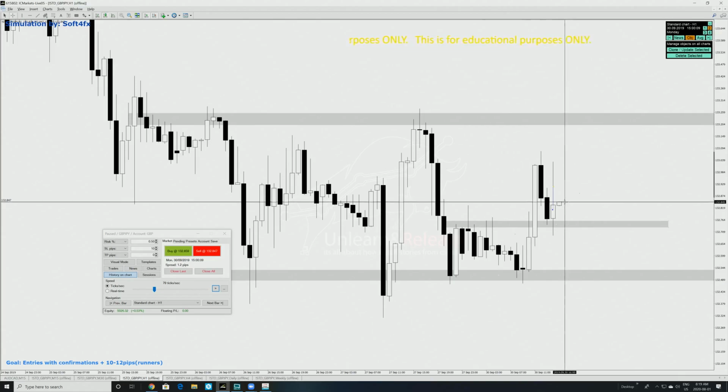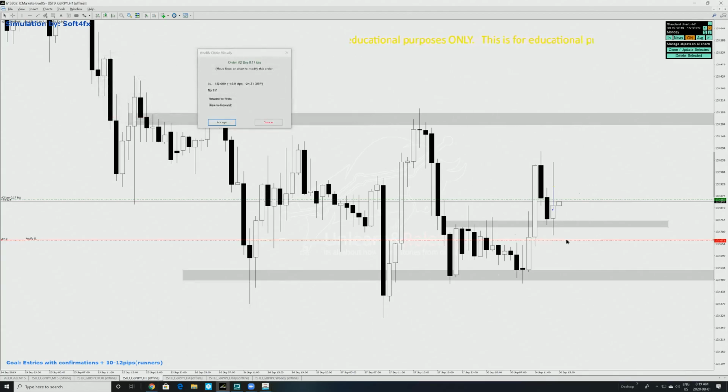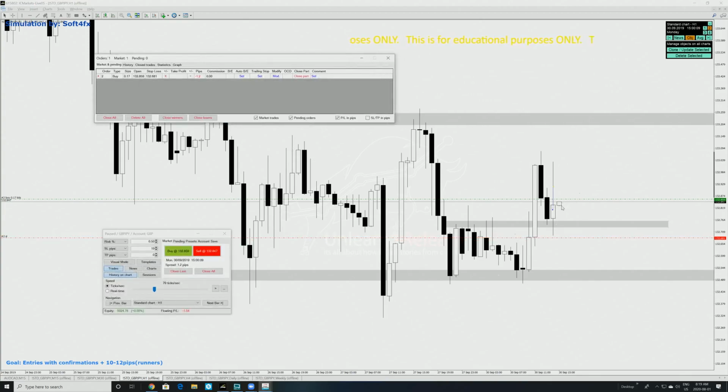So basically, we could take an entry right over here with the dynamic risk, because we want to use 2% risk total. So I'm probably going to open up a 0.5 here, modify this a little bit, and as the candle starts retracing, we're going to keep the stop loss the same and continue adding risk until we have a total of 2% risk.